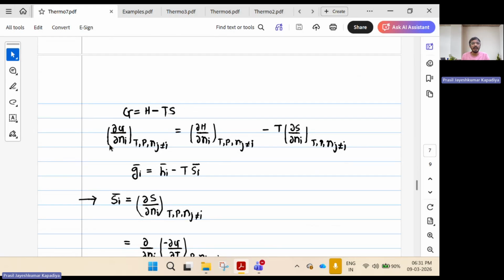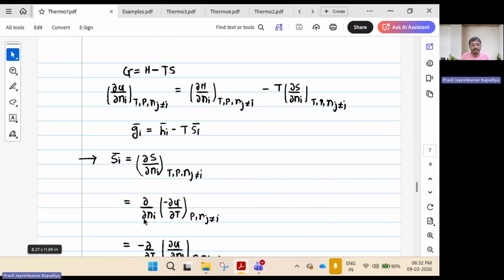Similarly, I can write that del G del Ni at T, P and j not equal to i is equal to del H del Ni at T, P and j not equal to i minus T del S del Ni at T, P and j not equal to i. I am just differentiating, adding some moles of water, and seeing how G, H, and S are varying. So this formula we have applied. It is basically Gi bar is Hi bar minus T into Si bar.